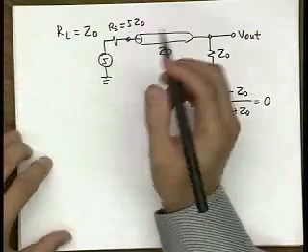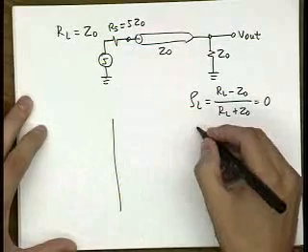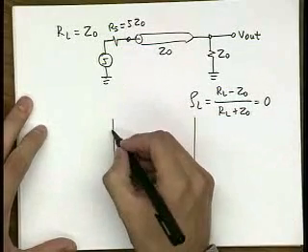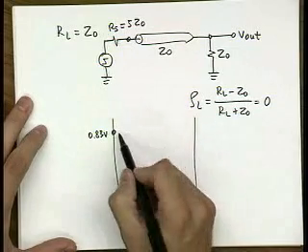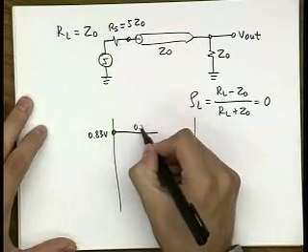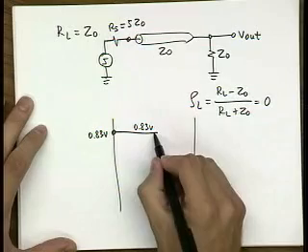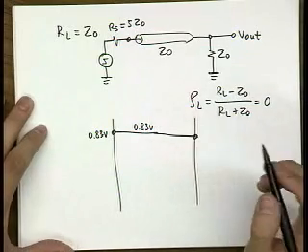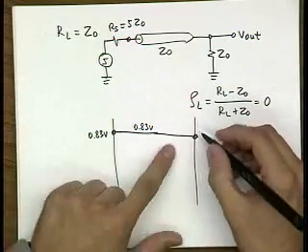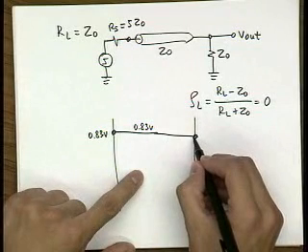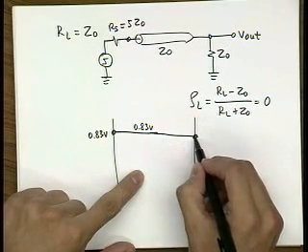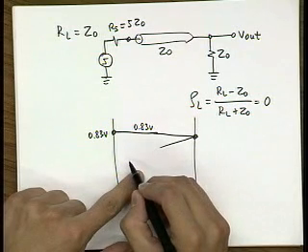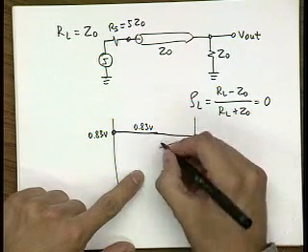Okay. So what happens over here is basically you again start with 0.83 volts, and then you travel with that signal, 0.83 volts. Then when you reach this side, nothing gets reflected, right? Because the reflection coefficient is equal to 0.